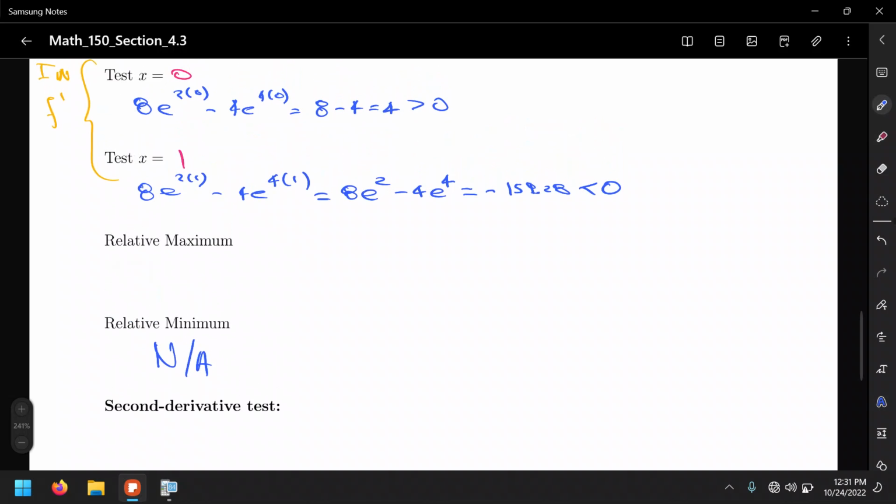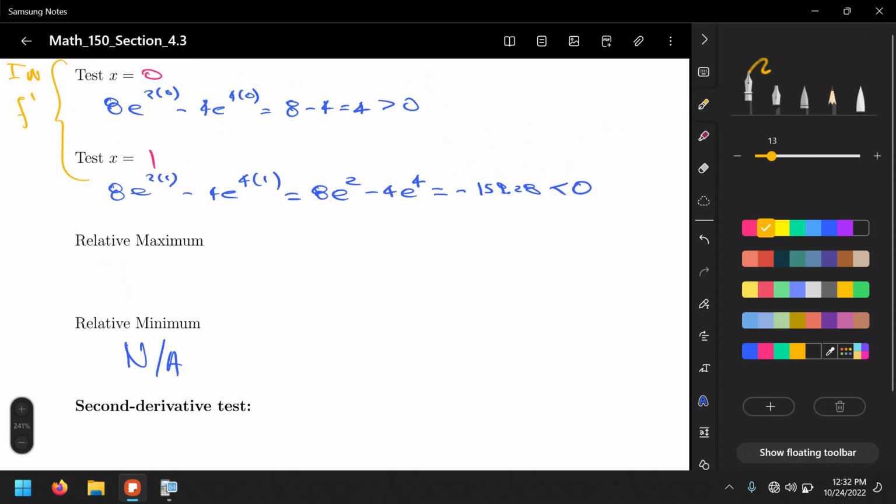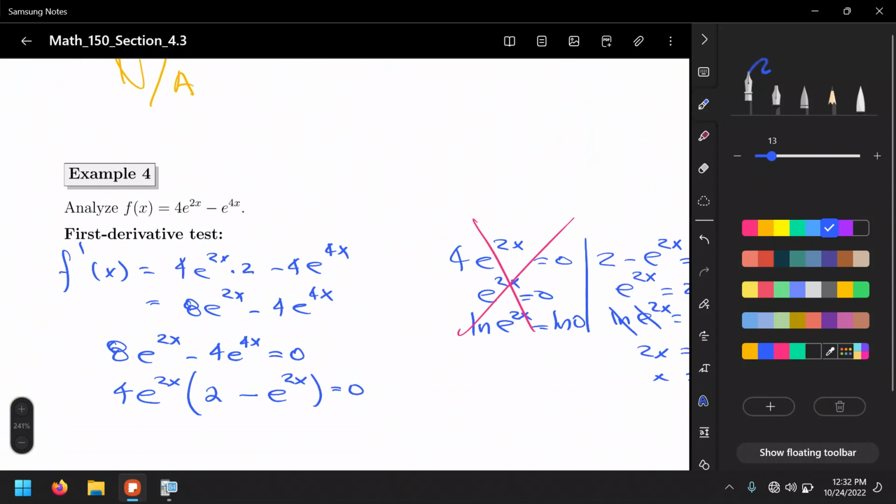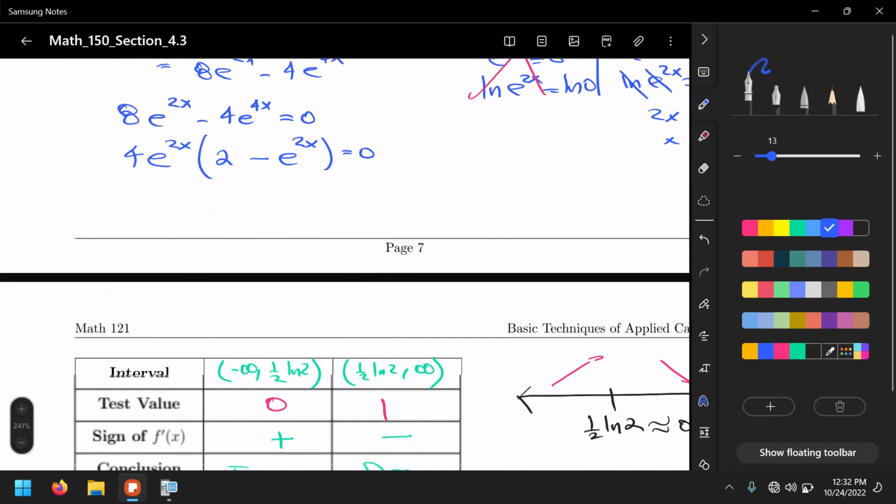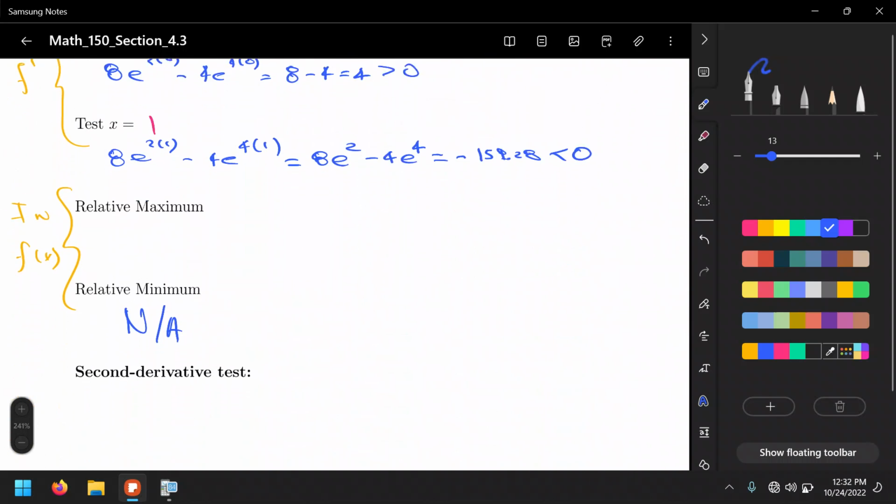So find the relative max and relative min in the original function, not f prime, in f of x. So our original function is 4 e to the 2x minus e to the 4x.